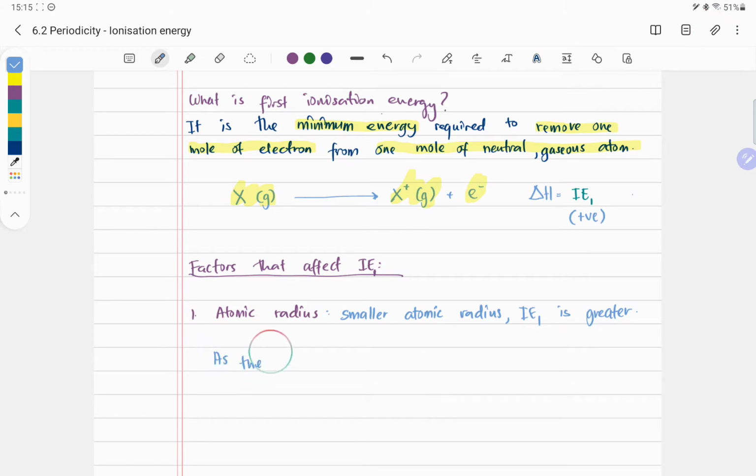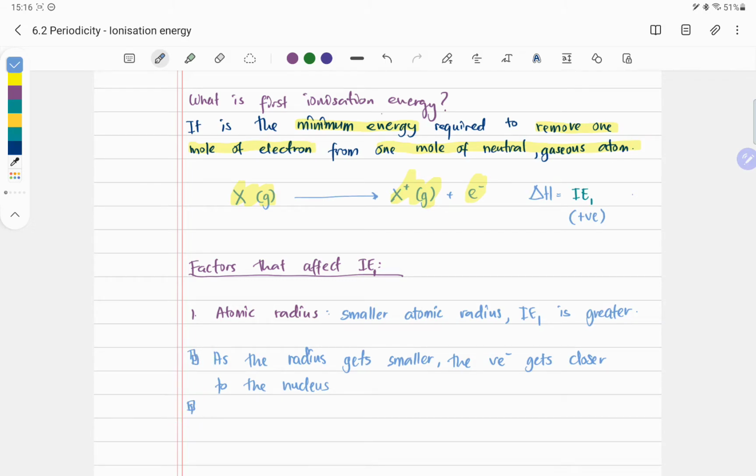As the radius gets smaller, the valence electrons get closer to the nucleus. Okay, so this is the explanation here.